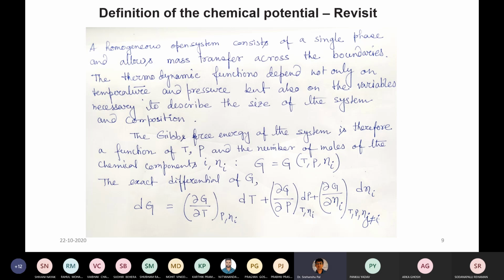So for these partial derivatives of G with respect to temperature and pressure respectively, we can recall the concept of entropy and volume. And the partial derivative of G with respect to Ni, the number of moles of a particular component, is the chemical potential of the component, which can be written as mu i.